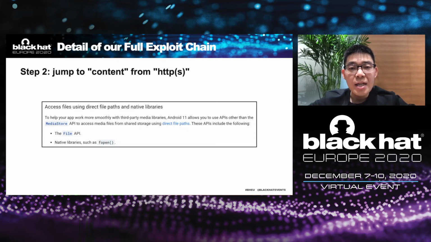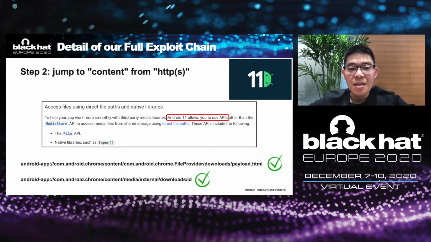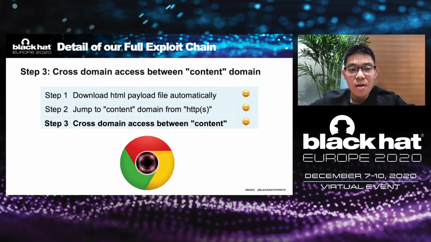When Android 11 comes out, it allows us to use File API to access shared storage again. So, these two deep links are all okay on Android 11. Good news or bad news, we don't know. By exploiting the hole of the shield in Chrome that my colleague Haibin showed before, step 3 is okay already for us.